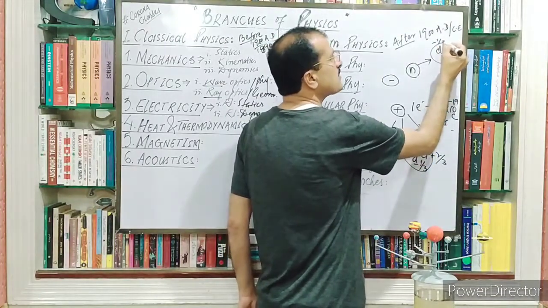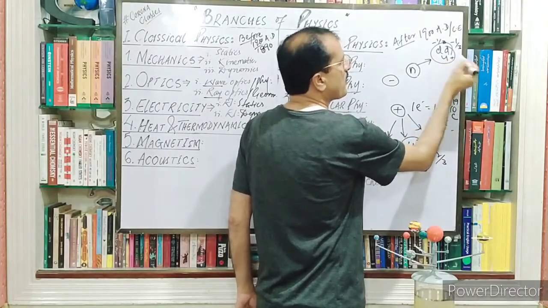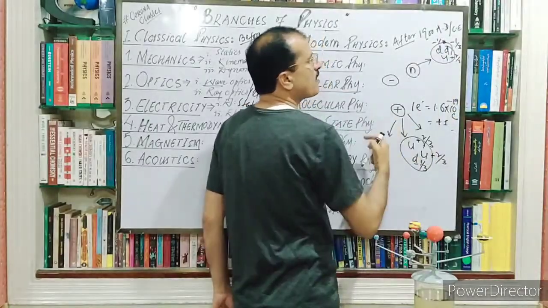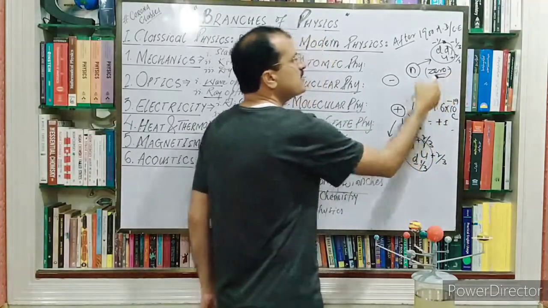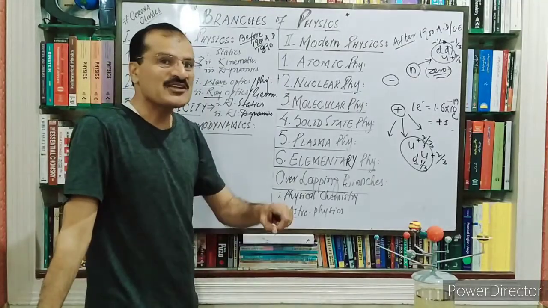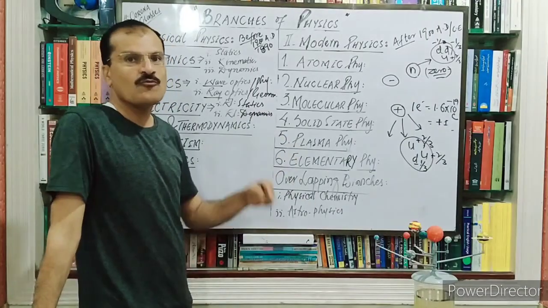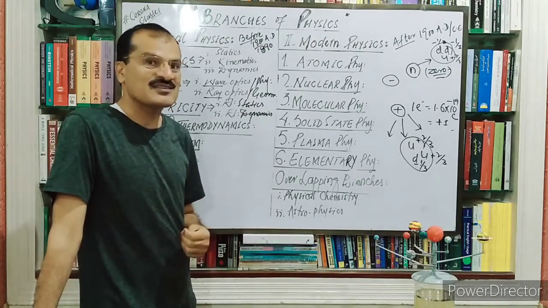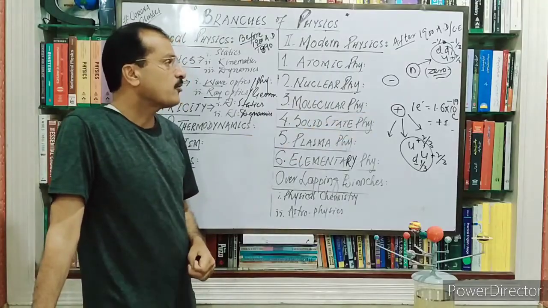Two downs mean two negative one-third charges, and one up has a positive two-third charge. If you add these charges, the value will be equal to 0. It means the neutron is a neutral particle. Neutron has no charge, but it consists of three elementary particles, two downs and one up. These are the quarks, the elementary particles by which neutrons and protons are produced.